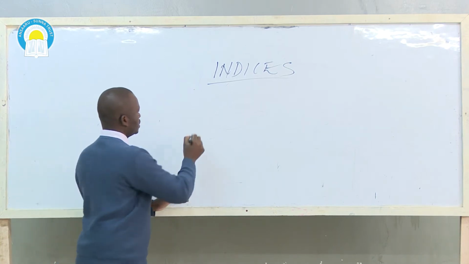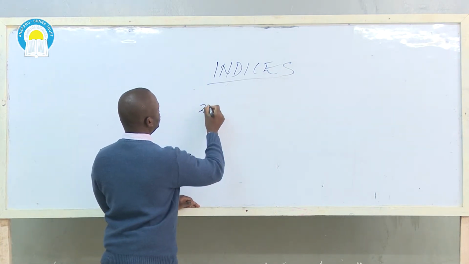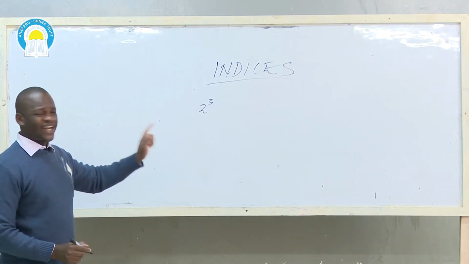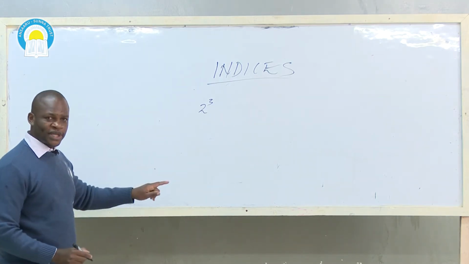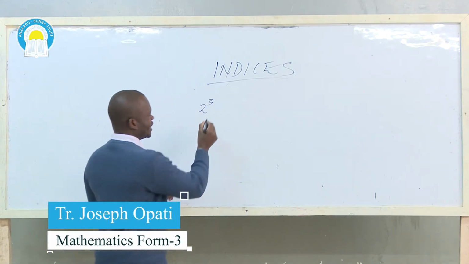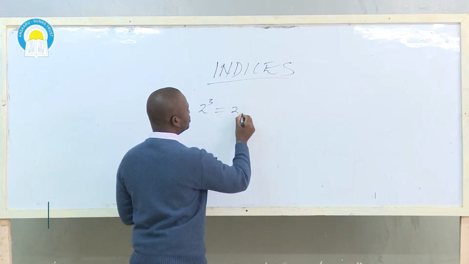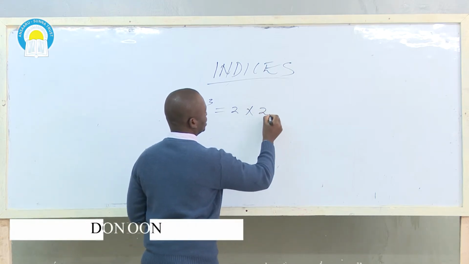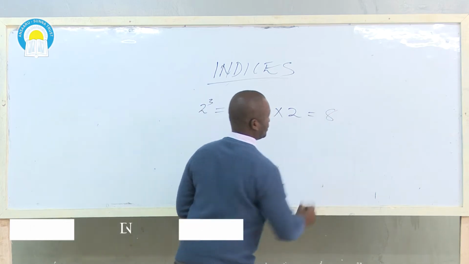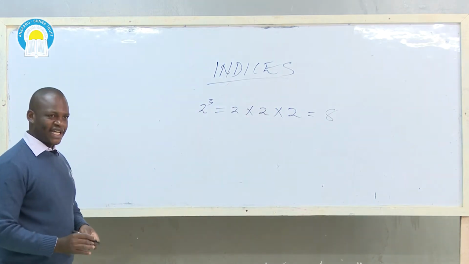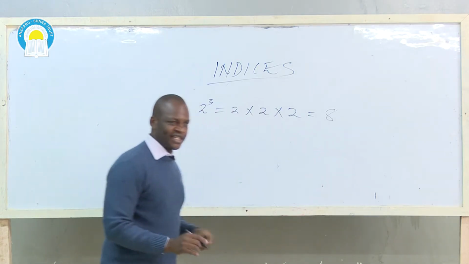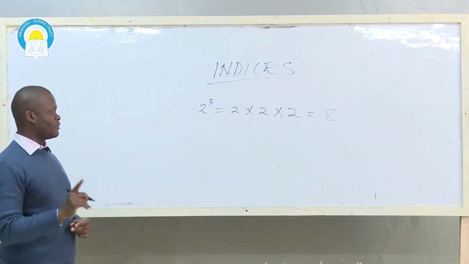We have 2 power 3. Now, that implies you multiply the number 2 by itself 3 times. Now, what do you get? We have 2 times 2 times 2, which in the end will give you 8.